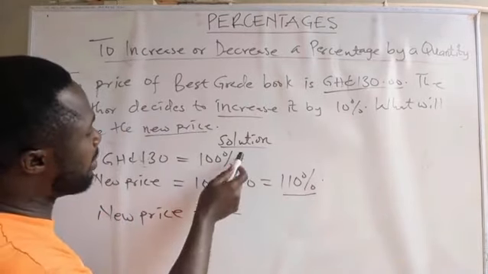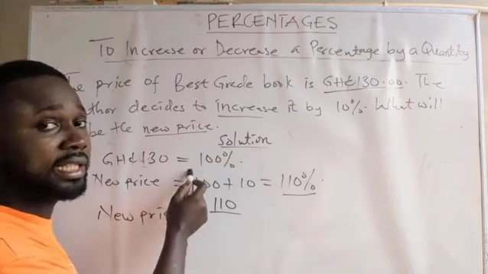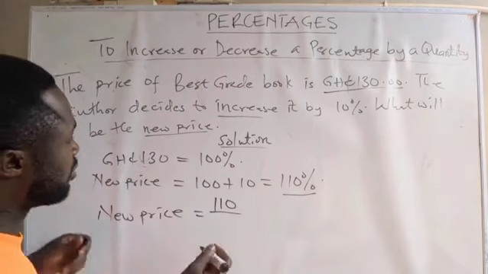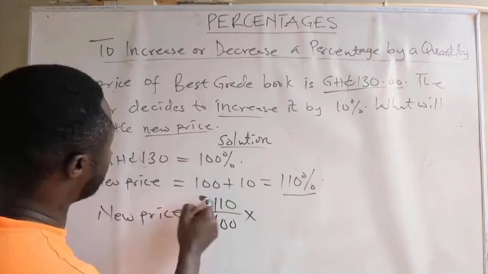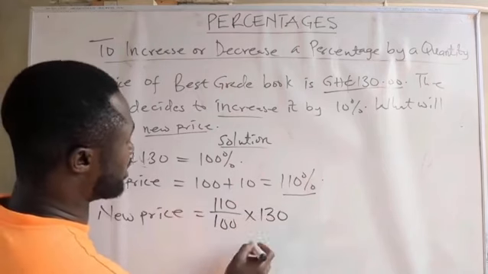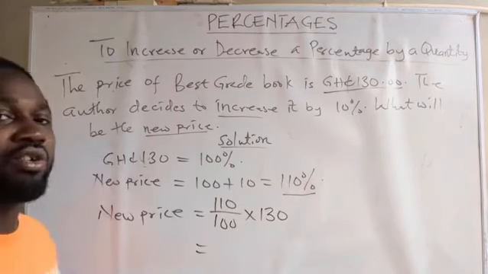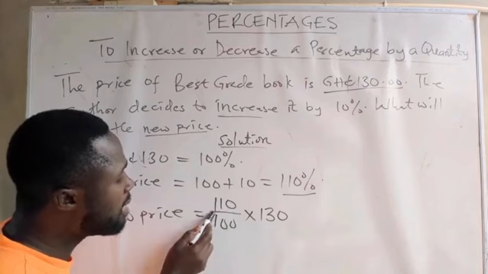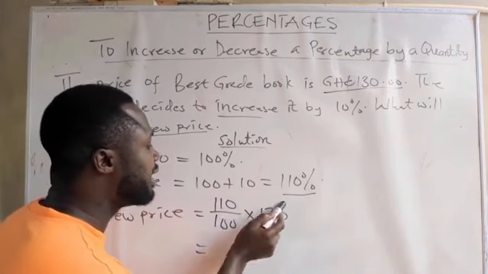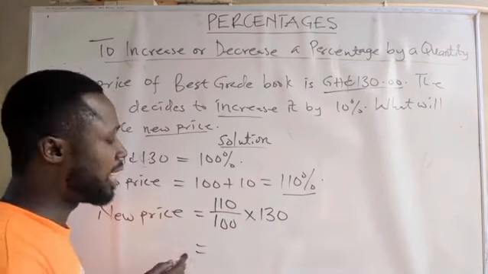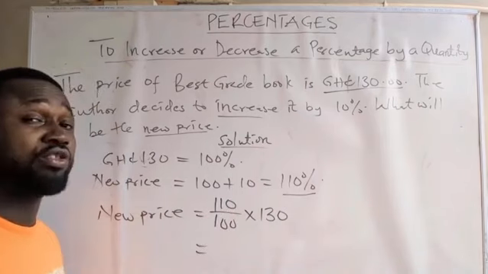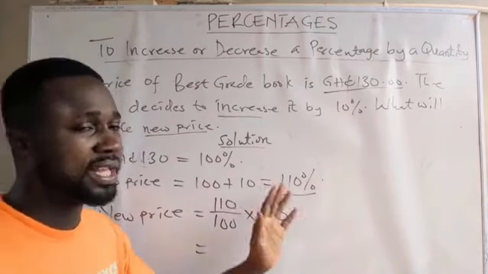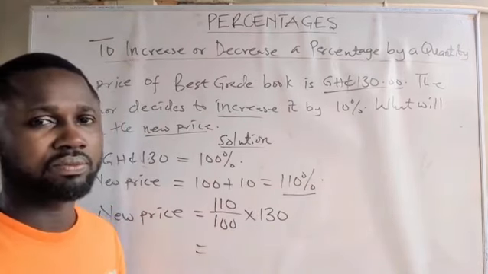So I have to divide by this particular percentage here, whose value is known as 130. So I'll divide by the 100 and I'll multiply by the 130. So what you should take note of is that always in terms of percentage, the denominator here corresponds to the value here, and the numerator is what you are looking for. If you understand these concepts in percentage, there is no question you cannot solve.